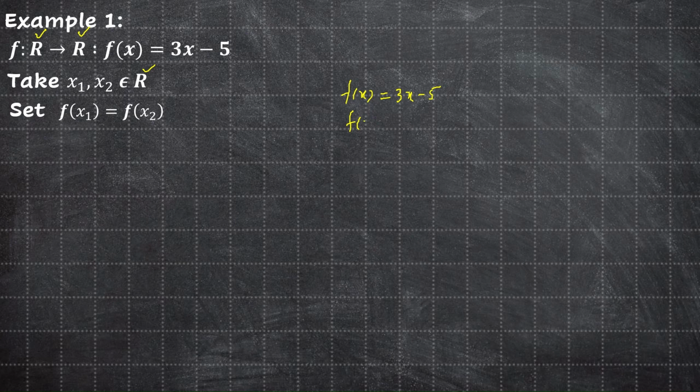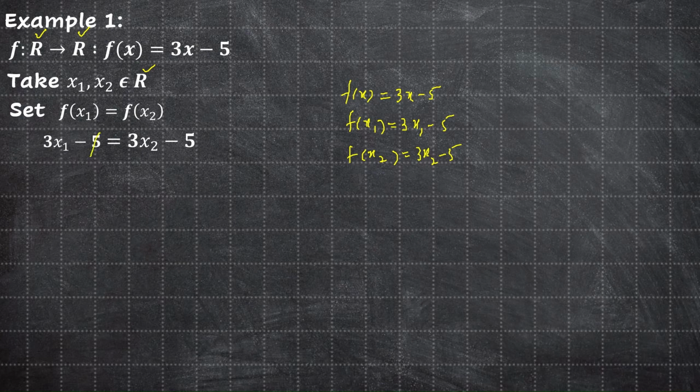So f of x1 will be equal to 3x1 minus 5 and f of x2 will be equal to 3x2 minus 5. We replace these values and get 3x1 minus 5 is equal to 3x2 minus 5.